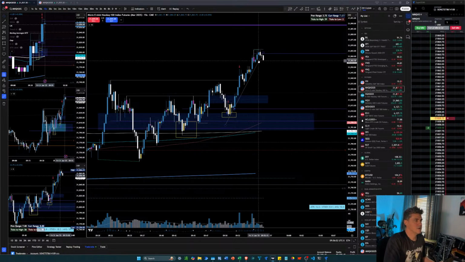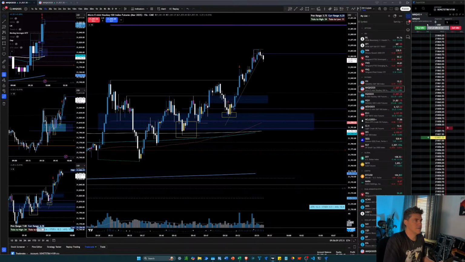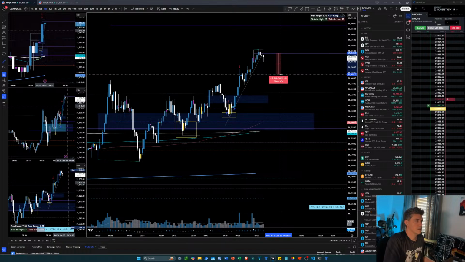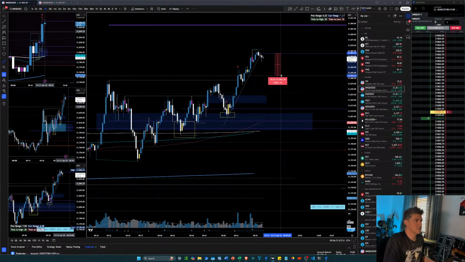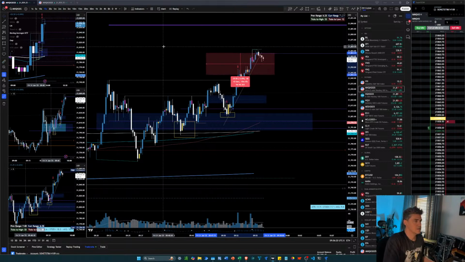Ticks to high 20. That's $5 worth of risk. Risk $5 to make $20. Price would have to drop to here. Let's just see what it wants to do.